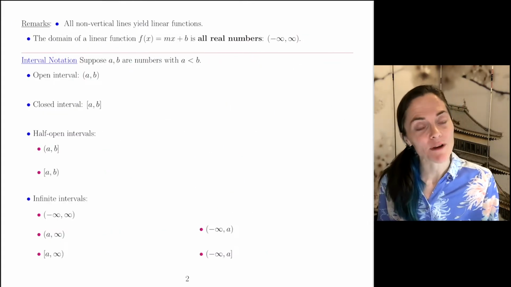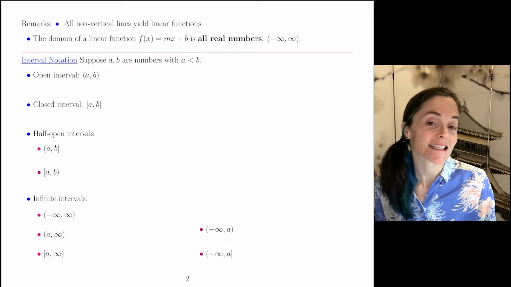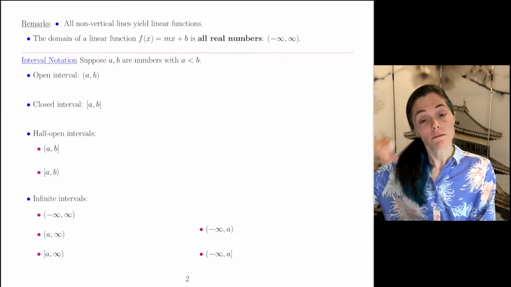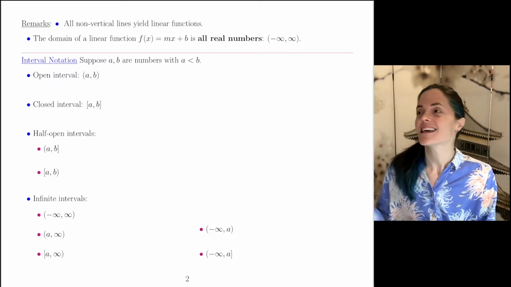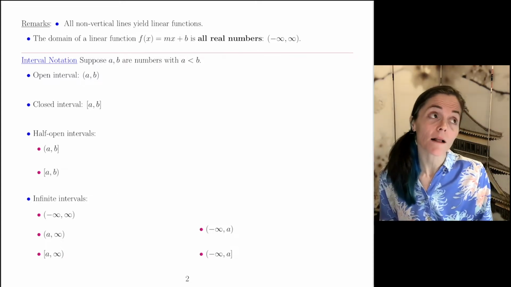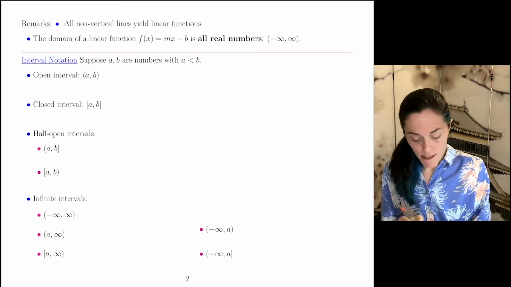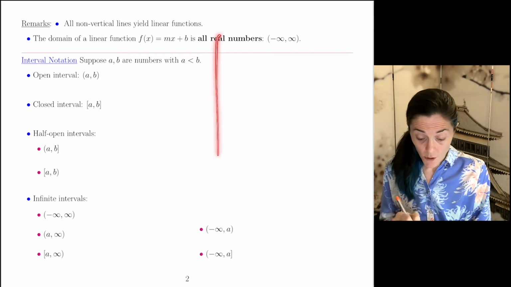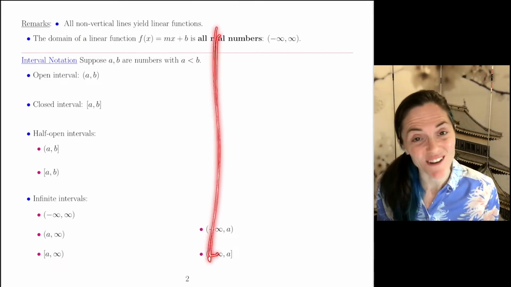Now, some important remarks, and this takes us back to the last lesson. Ask yourself, are all lines functions? We were talking about that at the very end last time. The answer is, well, almost. As long as you have a non-vertical line, you have a function, because a vertical line certainly fails the vertical line test.